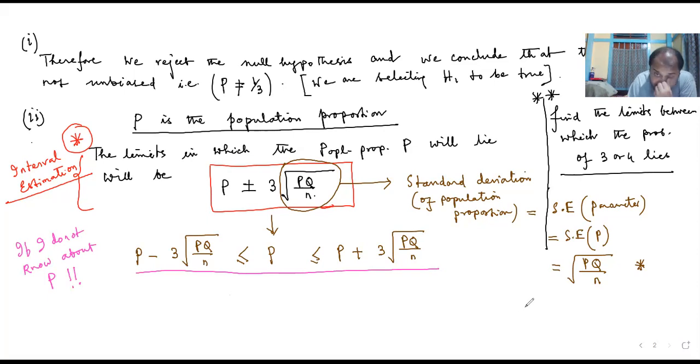So that's why I was saying in one of my previous slides that it has been correctly proved in estimation theory that the sample proportion best estimates the population proportion.